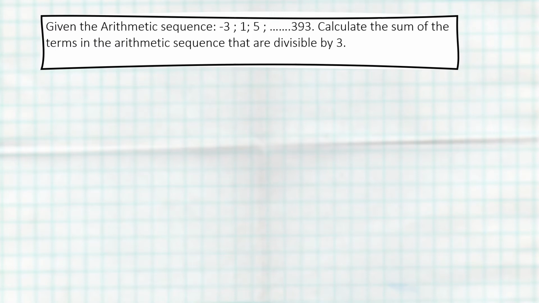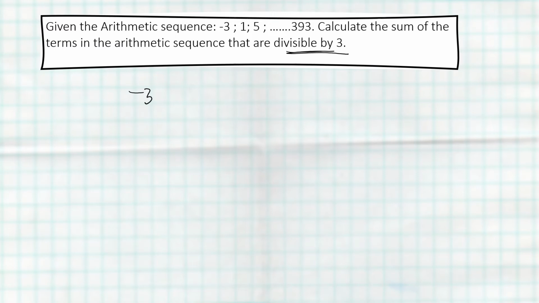So we have to calculate the sum of all the terms here that are divisible by 3. We must first draw out a sequence of terms that are divisible by 3. Minus 3 is the first one. We know minus 3 divided by 3 gives minus 1, with no decimal, so it's divisible by 3. 1 divided by 3 is not possible, it's not divisible by 3. 5 divided by 3 won't give us that either.